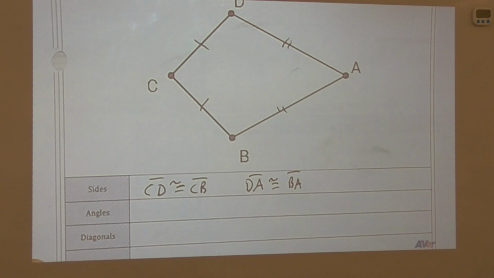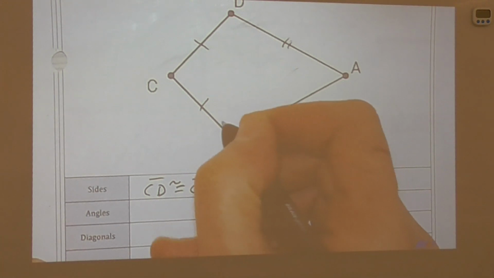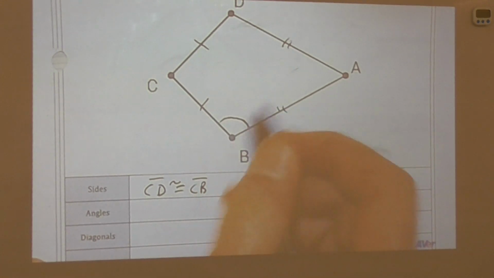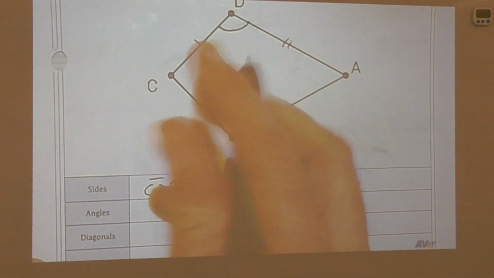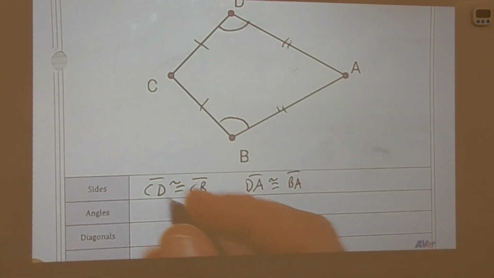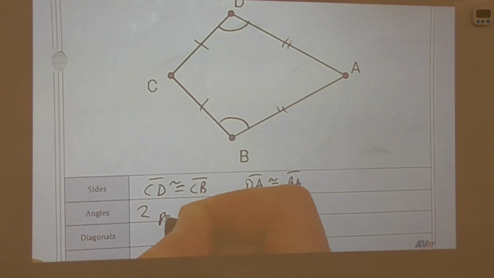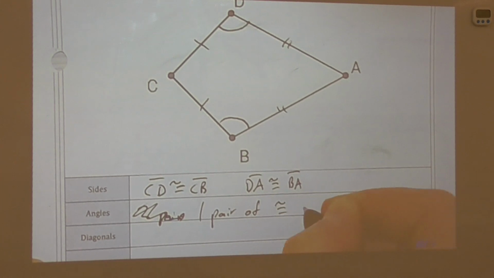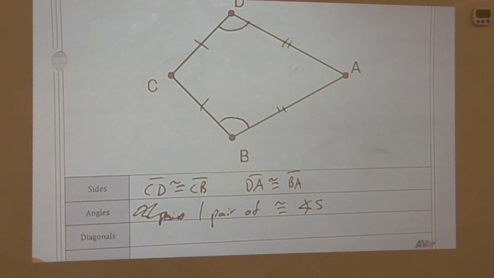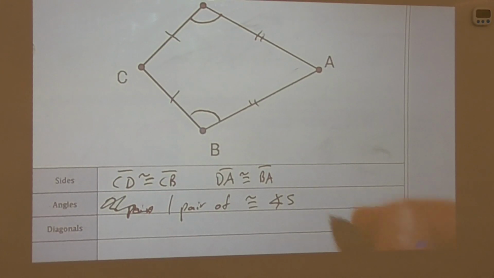And then we have the angles. So angle CBA is congruent to angle CDA. So we have one pair of congruent angles. Here that's angle D congruent to angle B.